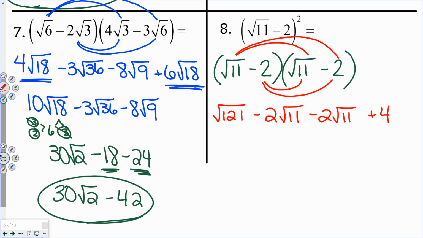Any like terms right away? Yep, sure do. Right here in the middle, I can put those together. They cancel. I disagree. Negative 2 minus 2, negative 4 radical 11. There's a plus 4 there. Good? Done? Square root of 121, that's 11.